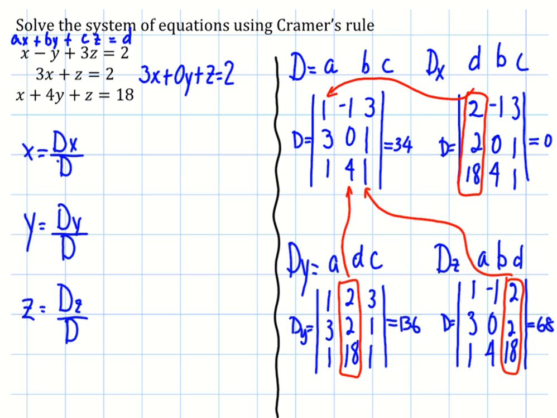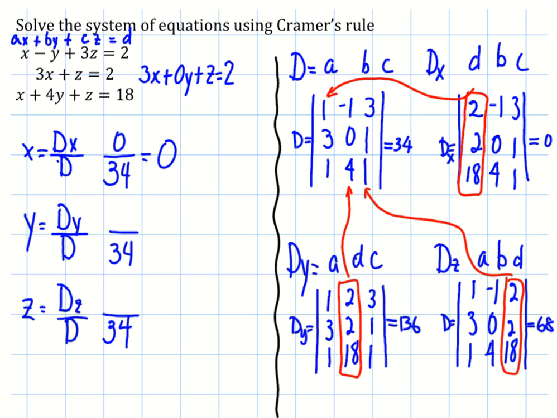So dx, the x will be 0 over 34, which is equal to 0. And I'm just going to go and put 34 in the denominator because that doesn't change.